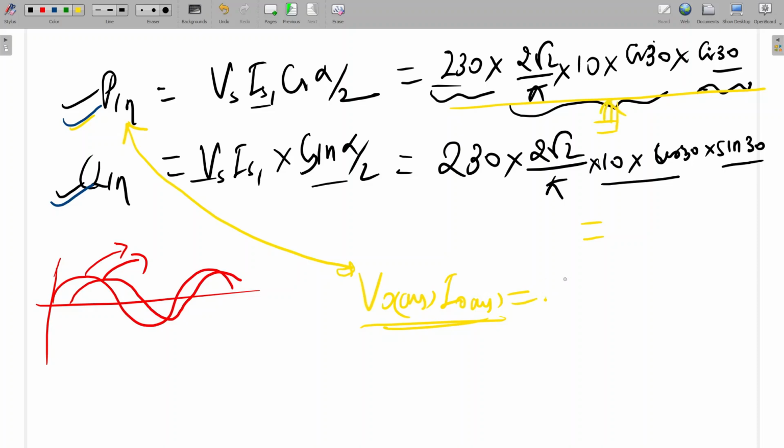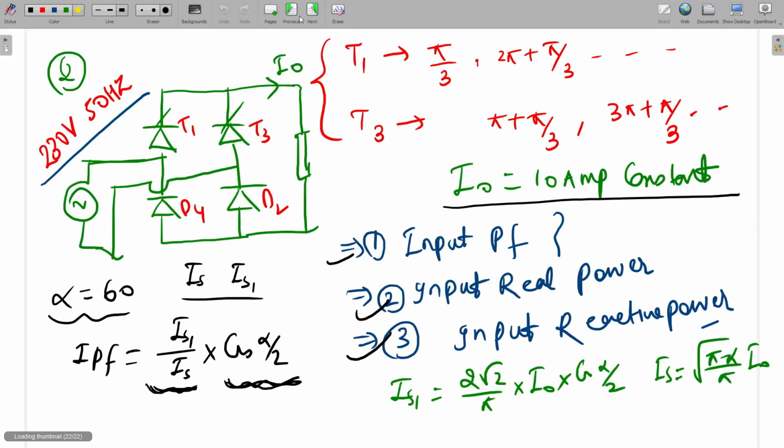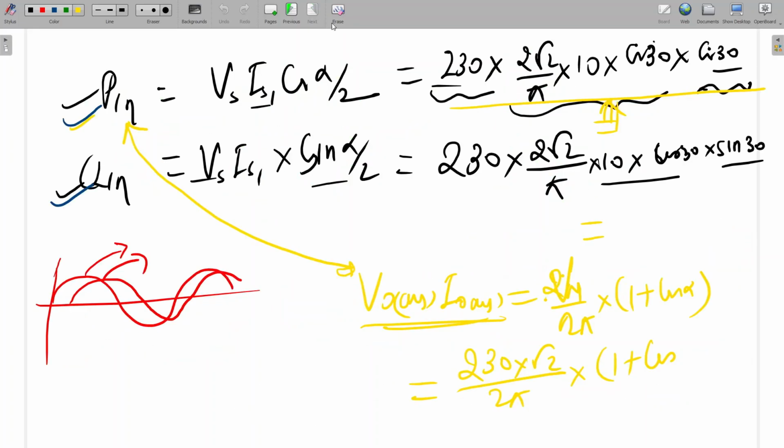V naught average is equal to 2 Vm upon 2 pi into 1 plus cos alpha. So Vm is 230 into root 2 at 2 pi into 1 plus cos 60, into 10. So this real power should match this real power.